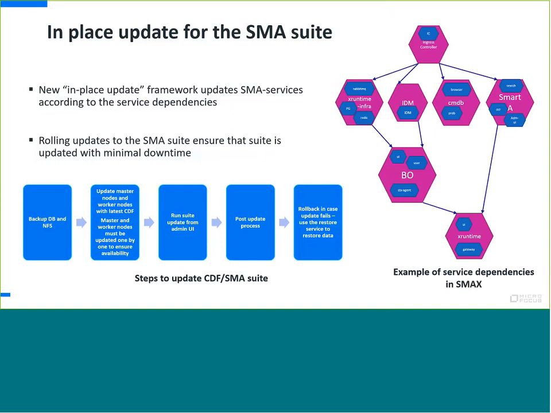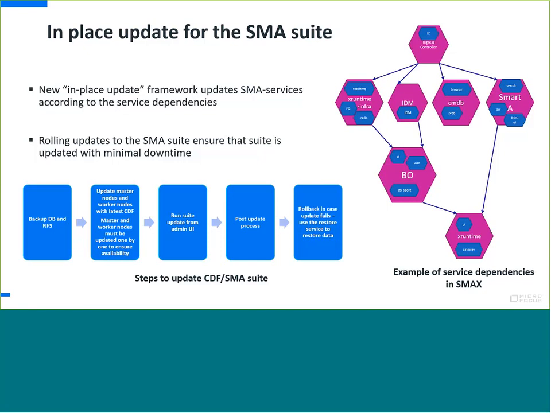So we are actually releasing a rolling update feature for our SMA suite. One of the key things that we did in this release is releasing rolling updates based on service dependencies. This is an example on the right side that you see on the screen here.